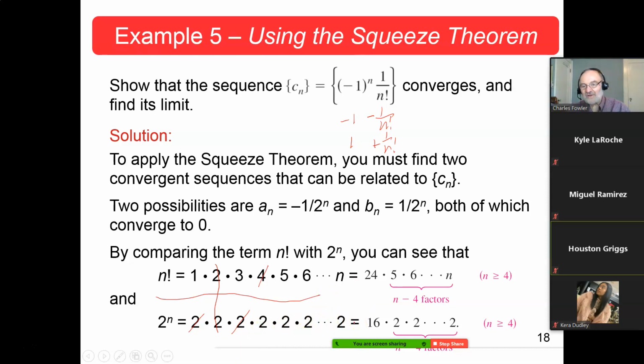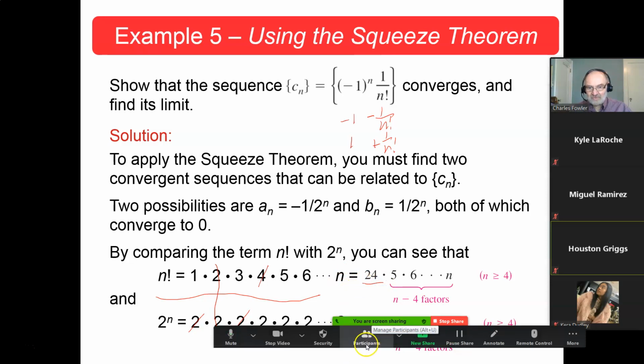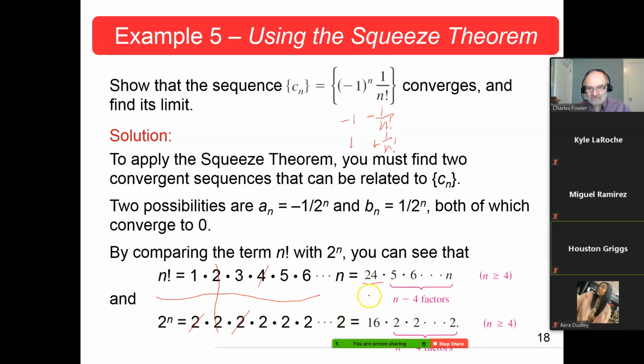So what you have left over, the n factorial is always way bigger than 2 to the n. Anything past 4, when n is greater than or equal to 4, these things are so much bigger. When n is equal to 4, n factorial is 24, 2 to the n is 16.